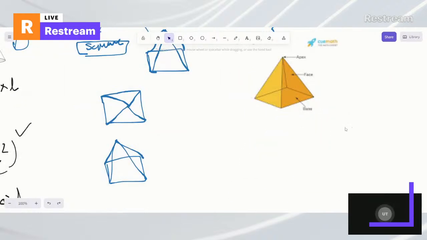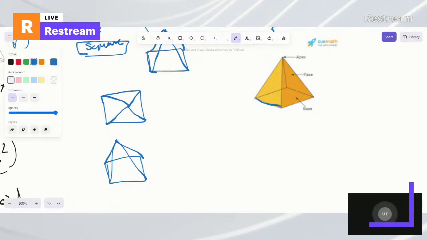This is the base of the square. And now what's the height? From the top till the bottom of the base, it forms a 90-degree angle with the base. So this is the height of the square base pyramid. I hope you get it and understand it now.